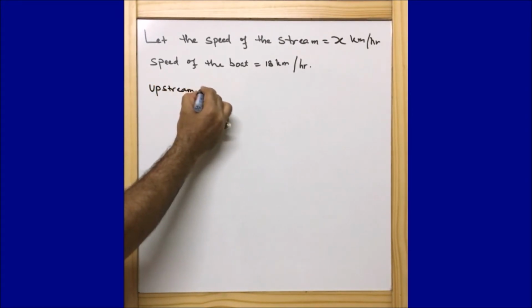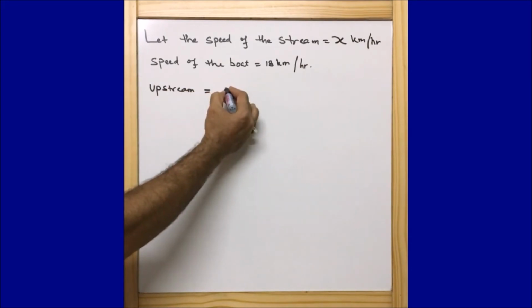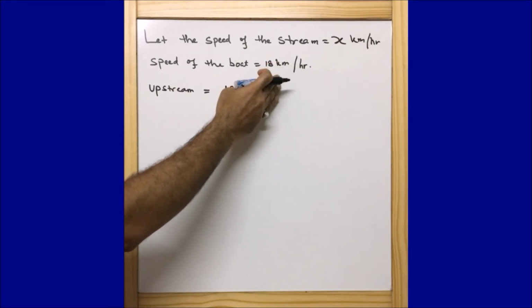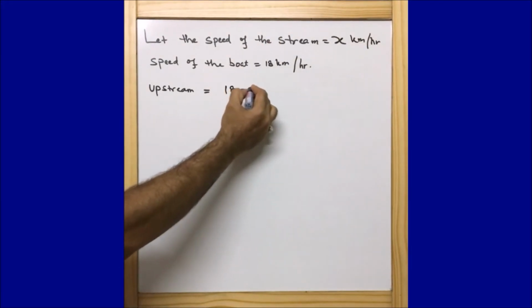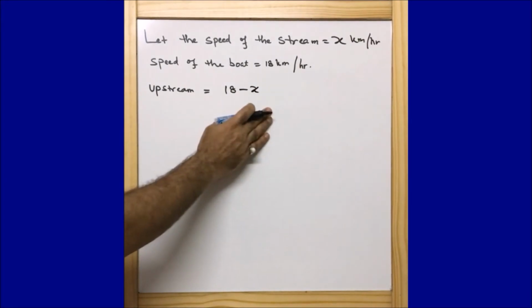Upstream means the boat is moving in the opposite direction of the water. Opposite direction of the water means the speed of the boat will be reduced by the speed of the stream. So I can say 18 km, the speed of the boat, minus x km, the speed of the stream. So this happens when the boat moves upstream.